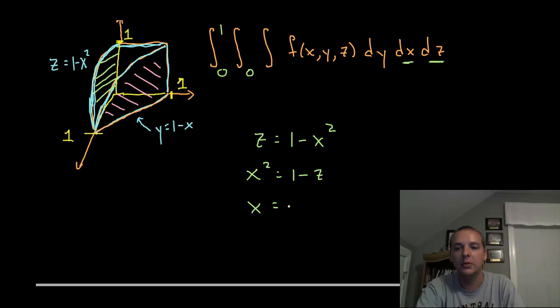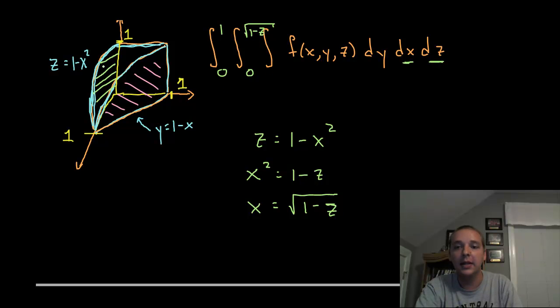So x equals the square root of 1 minus z. Now I don't have to bother with plus or minuses because we're in the first octant, where x, y, and z are all positive. So I don't need the plus or minus. So it ranges from 0 to the square root of 1 minus z, and that's still okay to have.